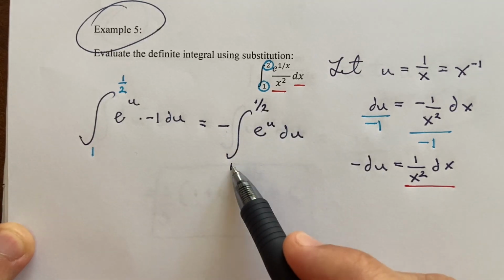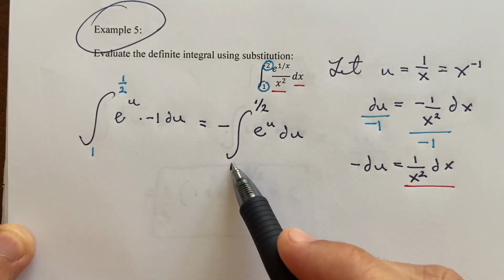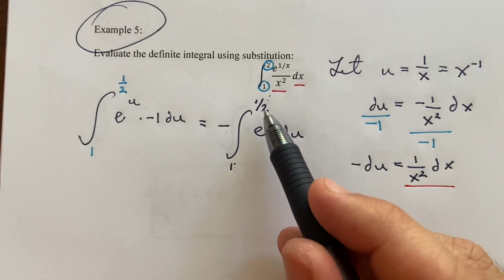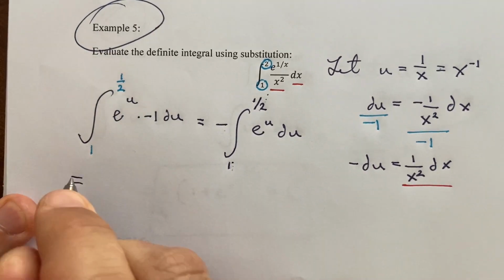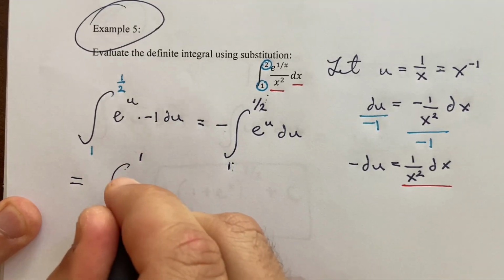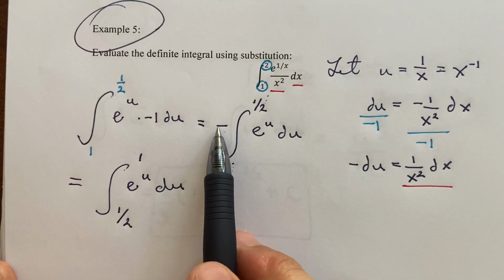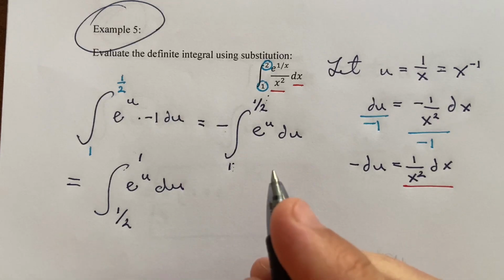So if I switch these and get them in the proper order, notice this one's larger than this one. Usually we want this one to be less than this one. So if I switch these, I can negate. So this would actually be totally equivalent to 1/2 going to 1 of just e to the u du without the negative sign. Not a necessary step, but it's one you can make.